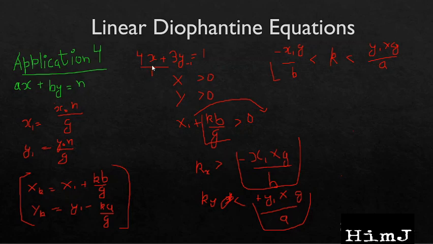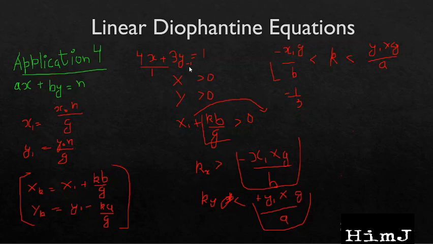We have already calculated by logic that x can be 1 and y can be minus 1. So now let's substitute these values here. Let's substitute 1, and GCD of 4 and 3 is 1, so minus 1 times 1 will be minus 1, and b is 3.